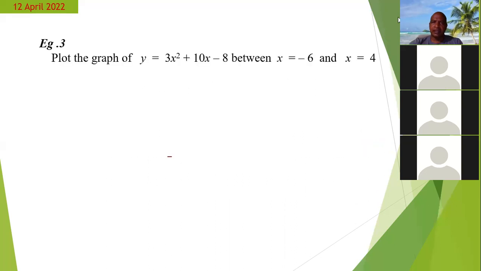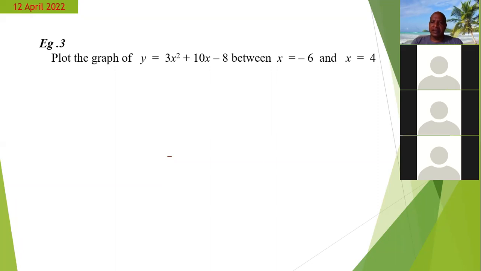All right, next slide. Now, here we have an example 3. We're to plot the graph of y equals 3x squared plus 10x minus 8, and you're to take x values from -6 to +4.